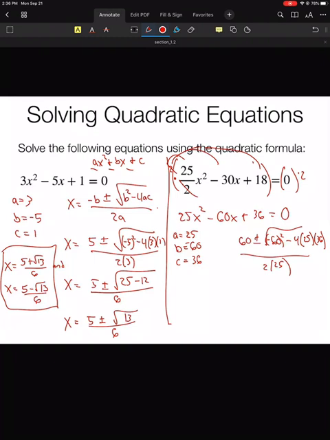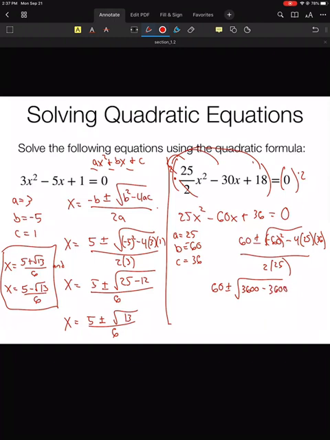Okay, and so here there's a bit of arithmetic to do with some large numbers, and so we've got 60 plus or minus the square root of 60 squared, and 60 squared is equal to 3,600, minus 4 times 25, 4 times 25 is 100, times 36, which in turn is 3,600.